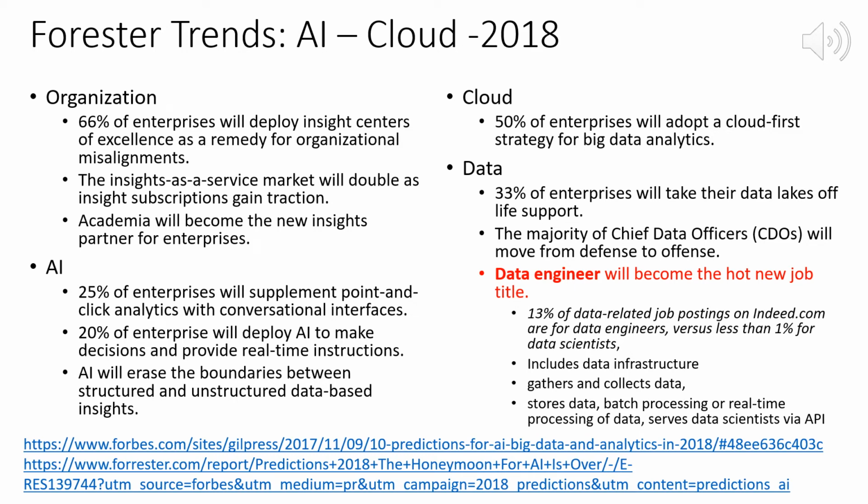They say 66% of all enterprises will employ insight centers of excellence as a remedy for organizational misalignments. That means we are trying to streamline the organization and analyze how to make the entire operation better. This includes artificial intelligence and analysis, statistics, and so forth.